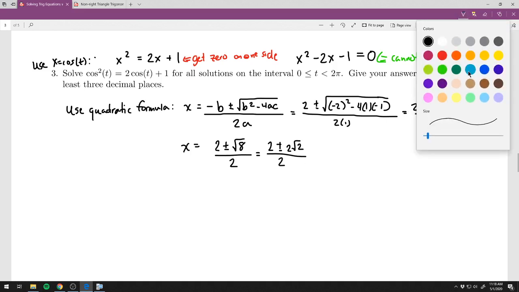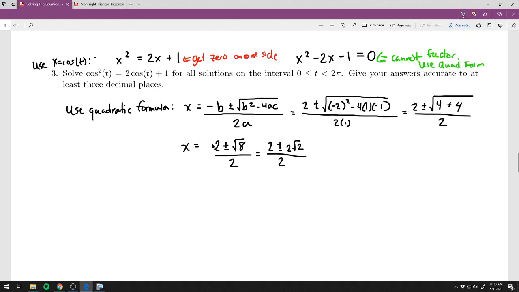The reason I wanted to do that for this one specifically is that the main hiccup when using the quadratic formula and simplifying is if these numbers have common factors, people automatically want to cancel. But because of the plus or minus here, you can't do that. You have to be able to factor it out of all the terms, but now we can. We can take a 2 out of each part, and so we get 1 plus or minus the square root of 2 on top.